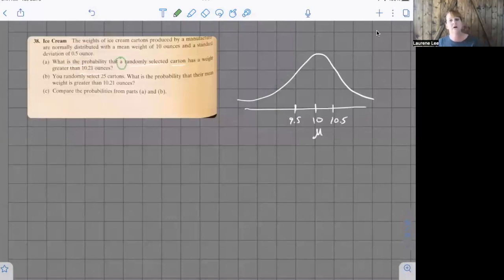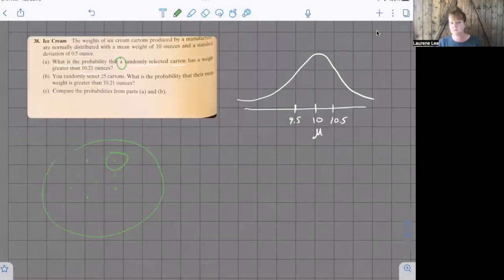This is how you know that it's a 5-2 problem, because remember our picture, here's our population, and in 5-2 we're looking at all the individual data points. So when I talk to you about a data point, I'm talking about a single ice cream carton in this case.